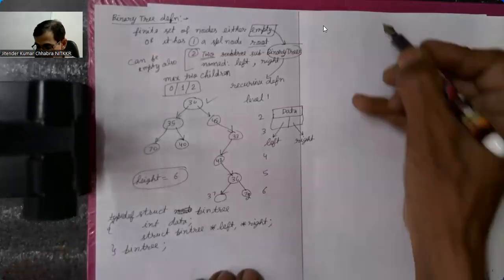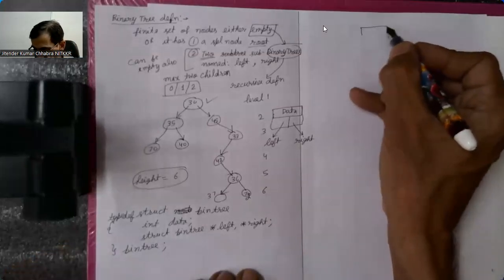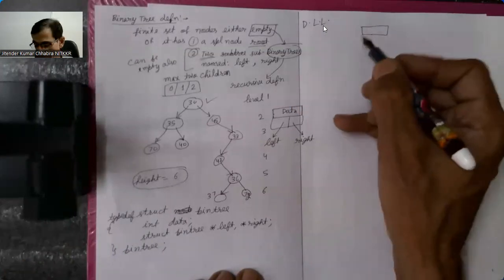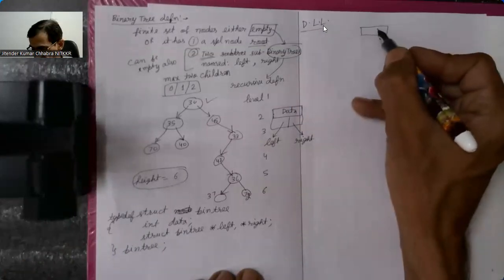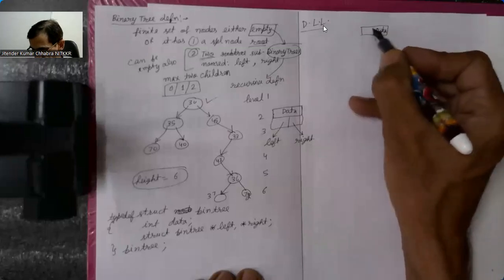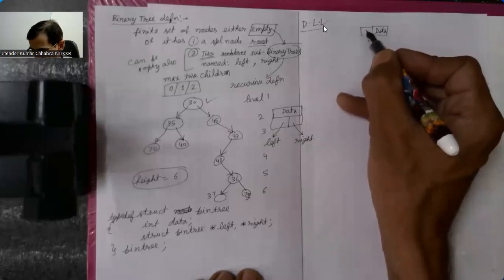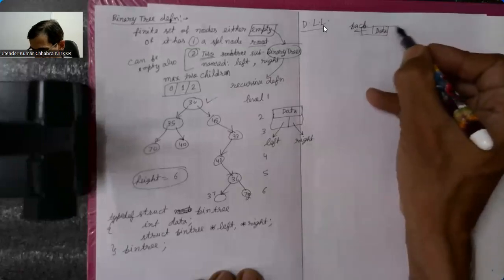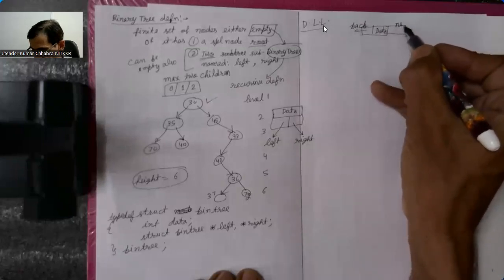But compare this with a doubly linked list. What you did there was, there also you had data. There also you had a previous pointer or a back pointer, and here you had a next pointer.